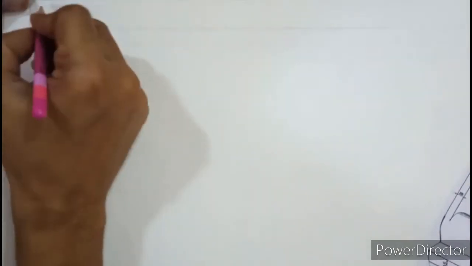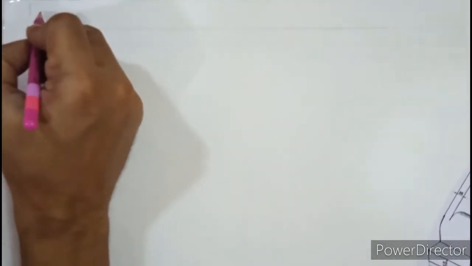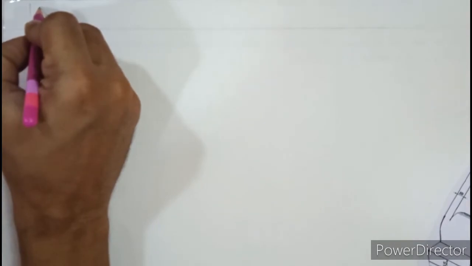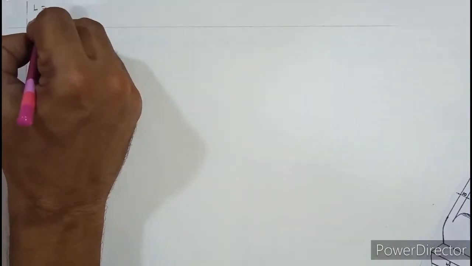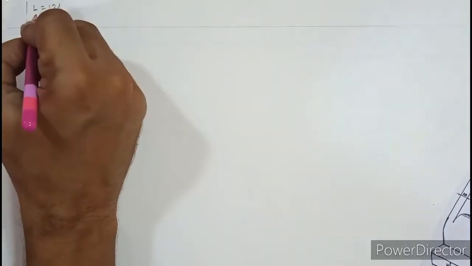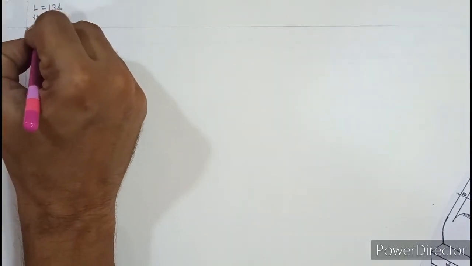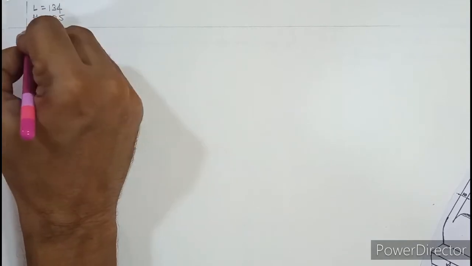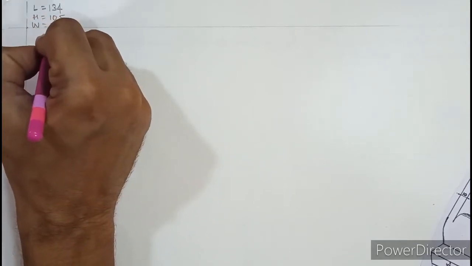So let me write down the length, width, height again over here. So the length of the object is 134. Height of the object is 105 and width of the object is 70.